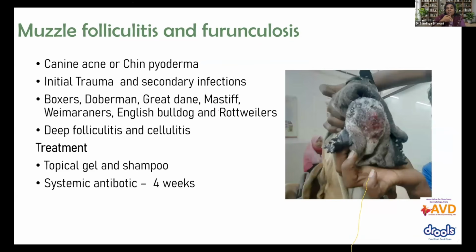That area can then itch, and the animal keeps rubbing on rough surfaces because of the itching. At that time it can develop a pyoderma type of infection. Mainly this is seen in Boxers, Dobermans, Great Danes, Mastiffs and English Bulldogs, where lots of folds are present. Drooling of saliva can also be seen in such animals.